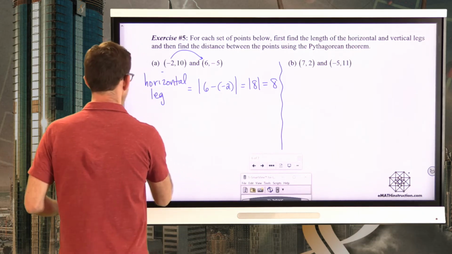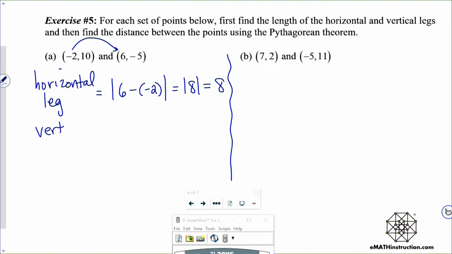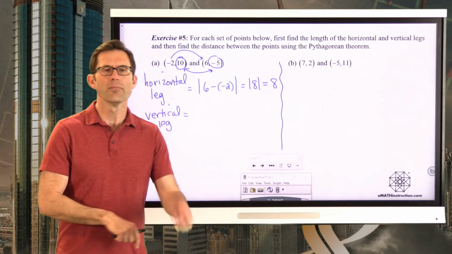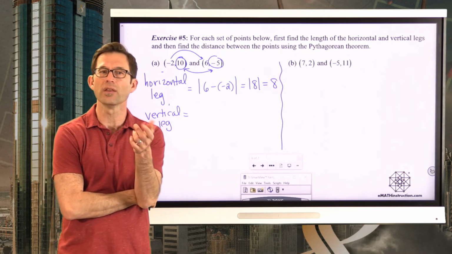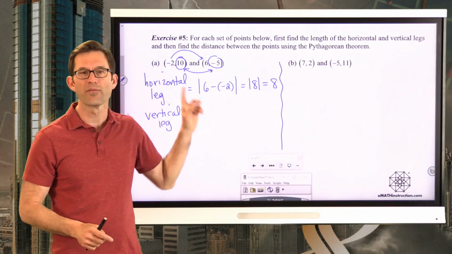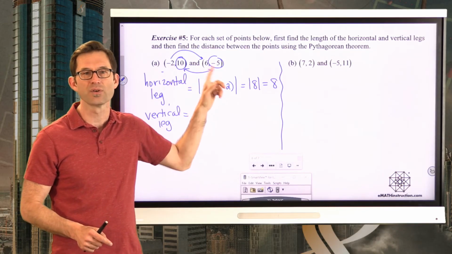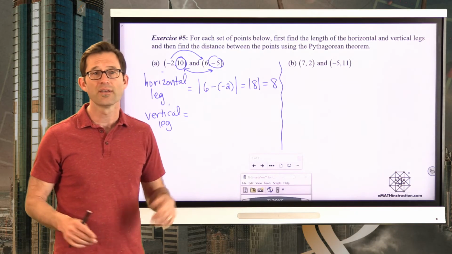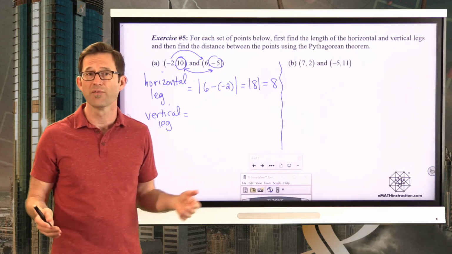Now let's look at the vertical leg. The vertical leg is going to be the distance between 10 and -5. And again, you might be able to just think about that and go, well, between 10 and -5 is 15 units, right? Just think about it. From 10 down to 0 is 10, and then from 0 down to -5 is 5. 10 and 5 gives me 15.